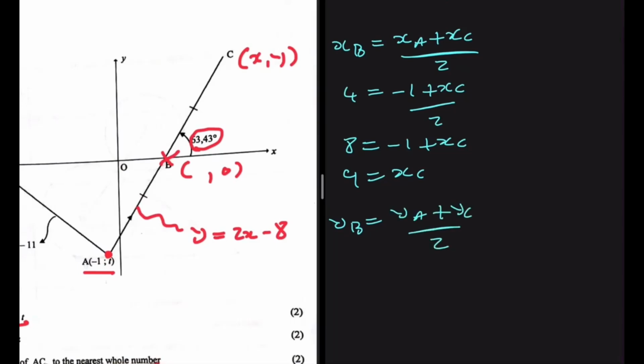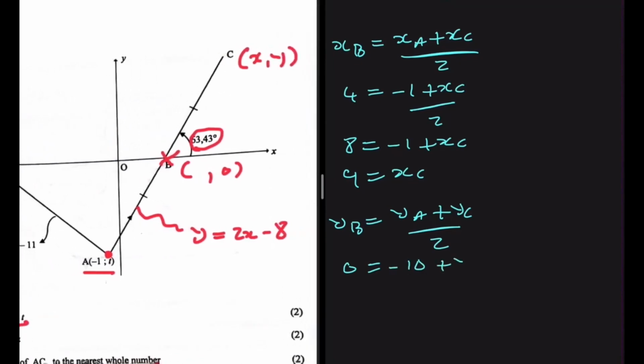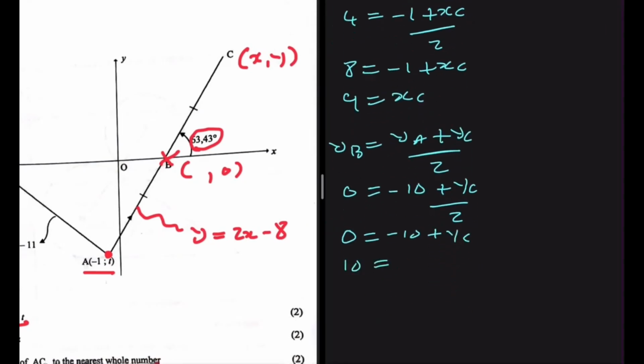So y of B, that is 0. y of A is minus 10. And then plus y of C, divided by 2. If we cross multiply, 0 multiplied by 2, that is 0. So minus 10 plus y of C. So 10 is equal to y of C. So the coordinates of C, we have 9 for the x value and 10 for the y value.